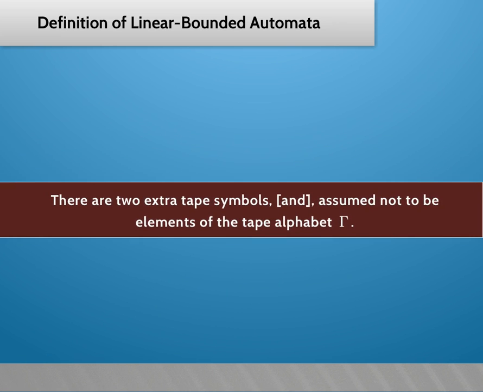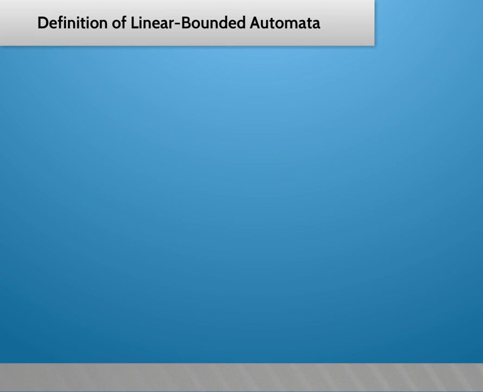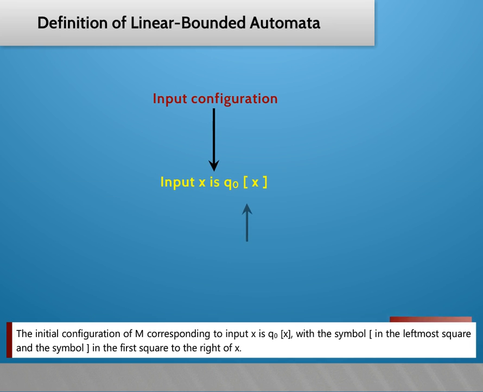There are 2 extra tape symbols [ and ], assumed not to be elements of the tape alphabet Γ. The initial configuration of M corresponding to input x is q0[x] with the symbol [ in the leftmost square and the symbol ] in the first square to the right of x.